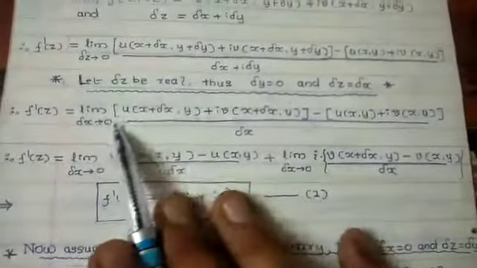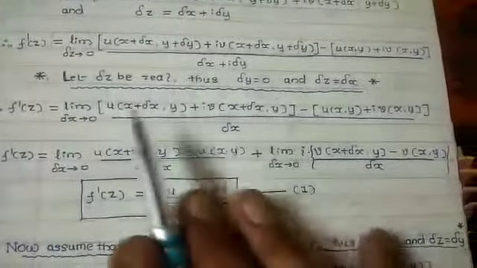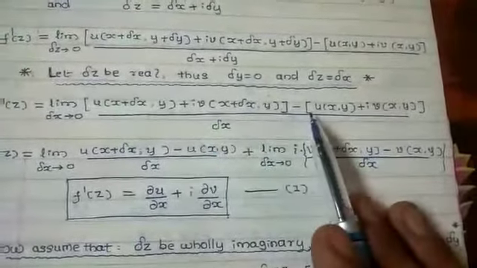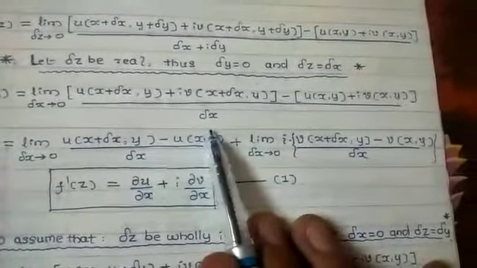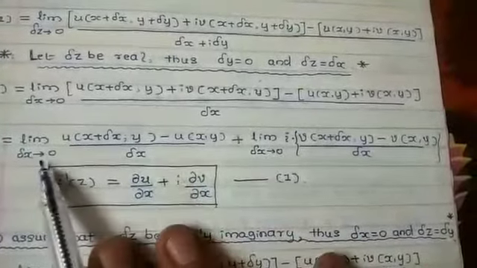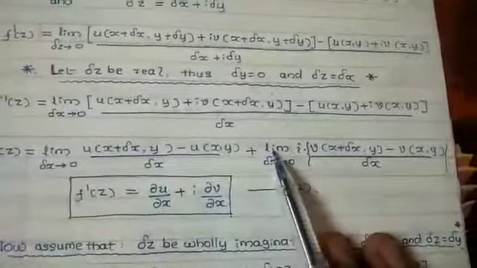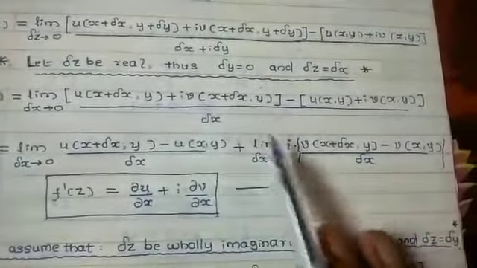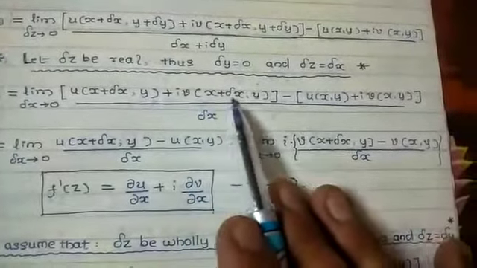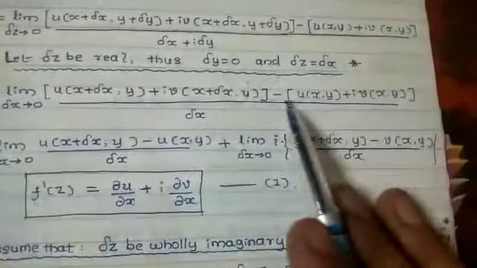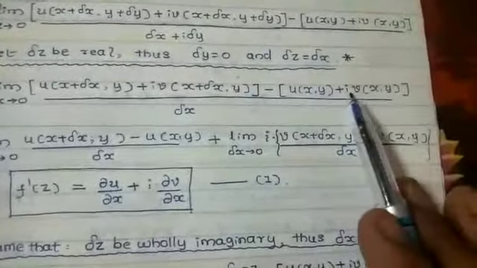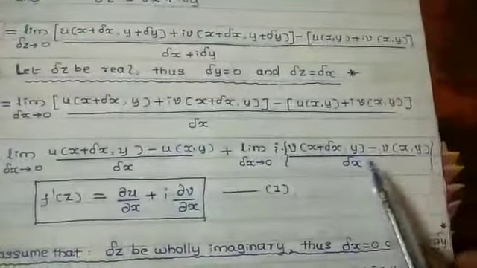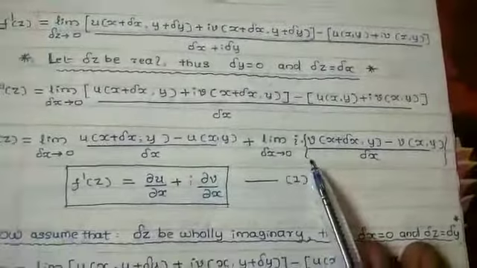Here we separate the real and imaginary parts. So u of x plus delta x comma y minus u of x y, which is the real part, divided by delta x as delta x tends to 0. Plus the imaginary part, i into v of x plus delta x comma y minus v of x y, with i taken as a common factor, divided by delta x as delta x tends to 0.